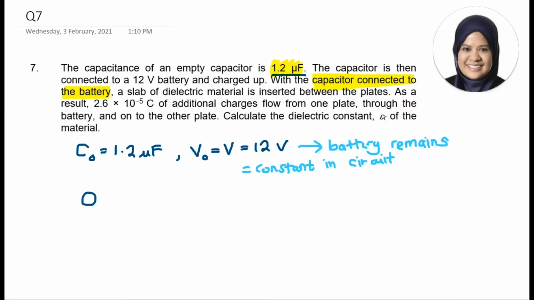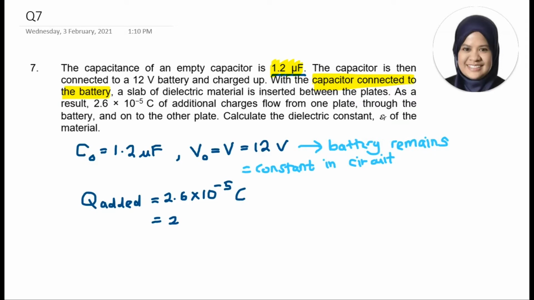So Q added adalah 2.6 times 10 to the power of negative 5 coulomb, ataupun disebabkan saya nanti nak remain microcoulomb bagi Q, disebabkan C adalah in micro unit, microcoulomb unit, microfarad, dan saya nak kaitkan dengan kapasitor nanti, so saya lebih selesa dengan 26 microcoulomb of charge.